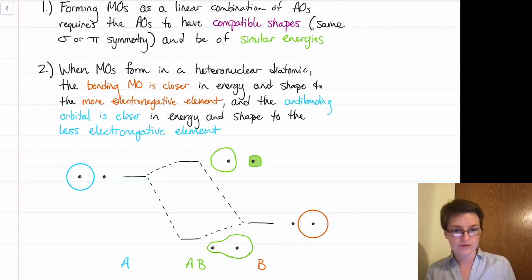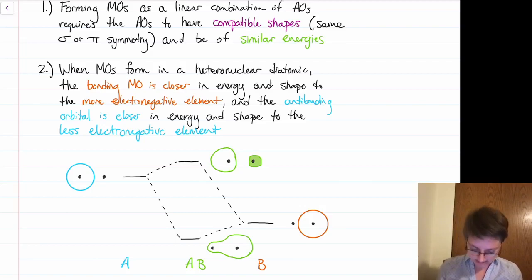And so were you to draw an MO diagram depicting how two s orbitals would overlap in a heteronuclear diatomic, you want to make sure and draw the shapes of the MOs not symmetric in terms of the electron density on atom A versus atom B, but actually fairly non-symmetric, such that in our bonding orbital, most of the electron density is present closer to atom B, and in our antibonding orbital, most of the electron density is closer to atom A.